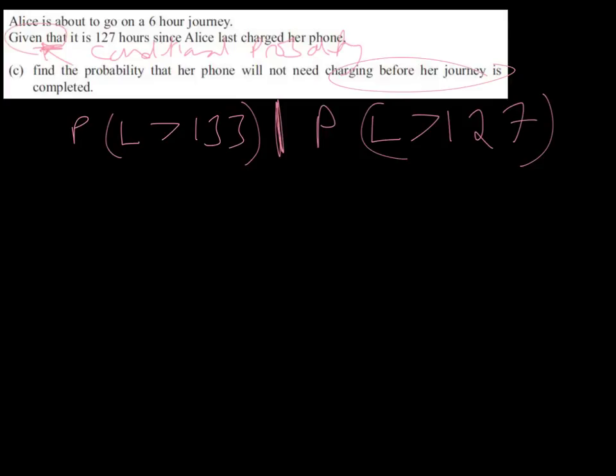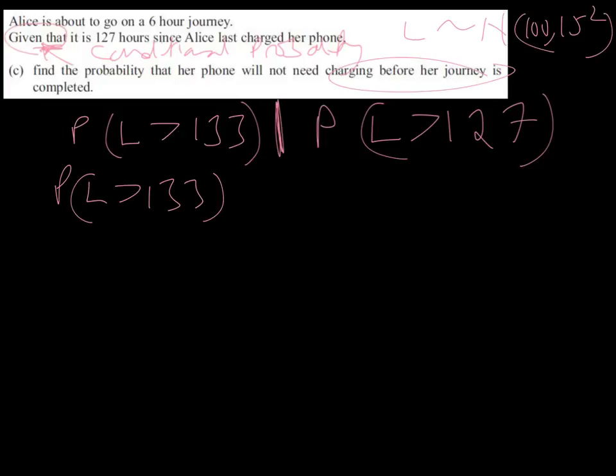So again, here the easiest way of working this out is to use the calculator function. So first of all, if we look at the probability that L is greater than 133, we're looking at L, which is normally distributed with a mean of 100 and a standard deviation of 15.